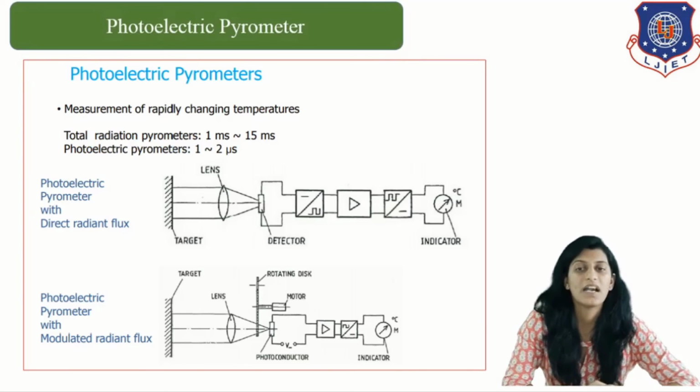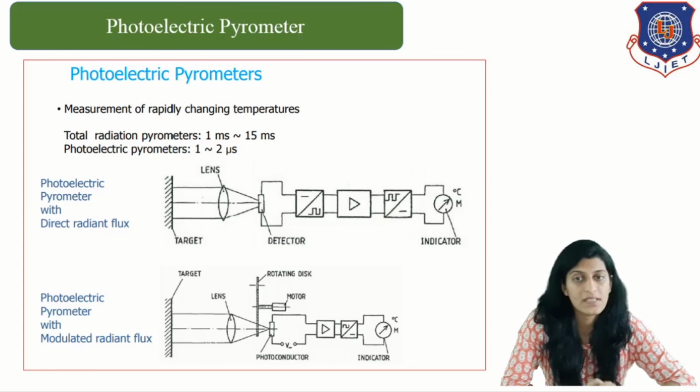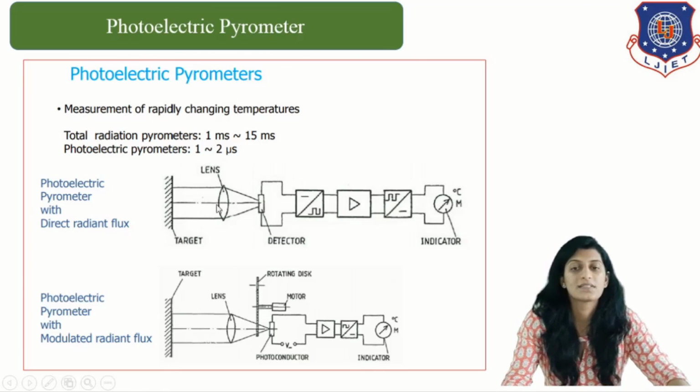Now, the third one is the photoelectric pyrometer. The photoelectric pyrometer is basically used for the measurement of rapidly changing temperatures, and the total radiation is 1 ms to 15 ms. As you can see here, this is the lens, and the lens is connected here.